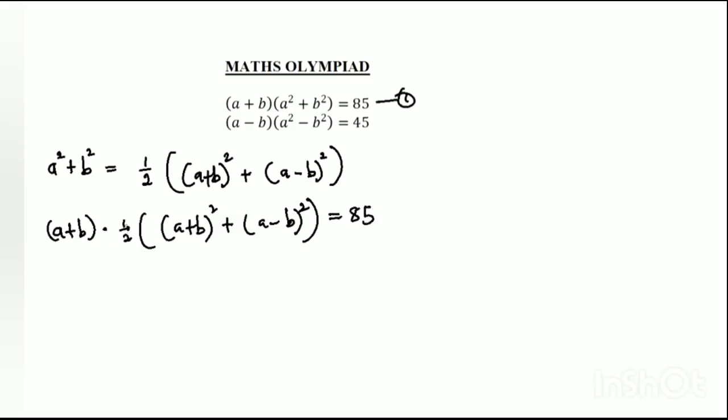So how can we get rid of this 1 over 2 here? By multiplying through by 2, because the reciprocal of 1 over 2 is 2.